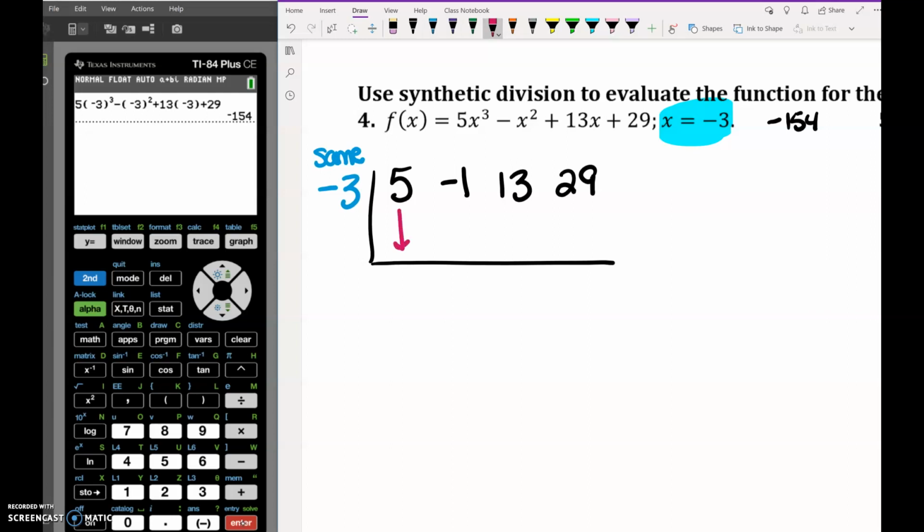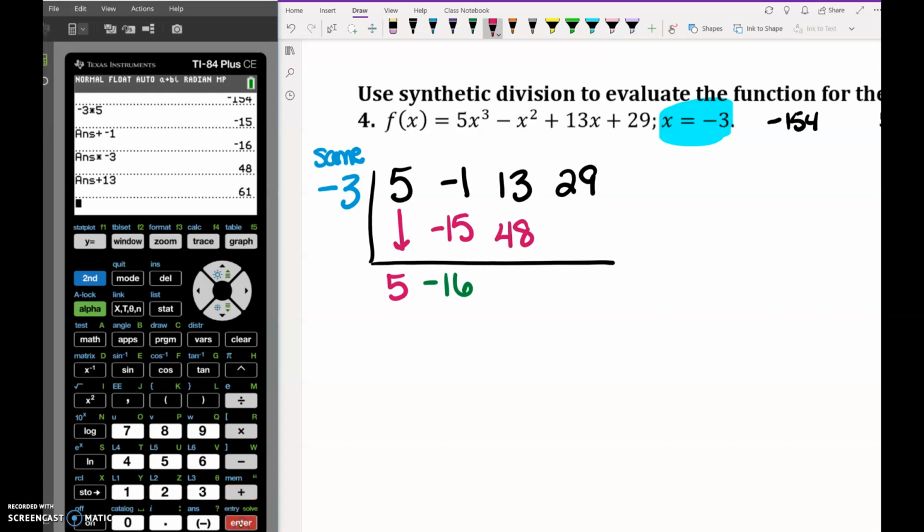All right, so -3 times 5 is -15. Add the -1 to get -16. -16 times -3 is +48. 48 plus 13 is 61. 61 times -3 is -183.